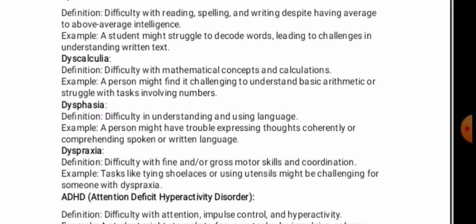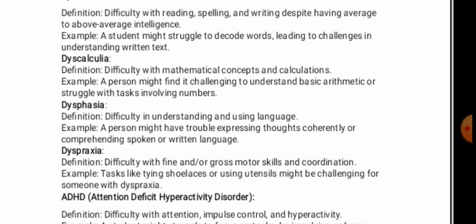Now many of us think that we are not good at maths, and it does not mean that we have dyscalculia. Most of the time it happens because we are lazy, we do not do it, but it does not mean that we are suffering from dyscalculia.